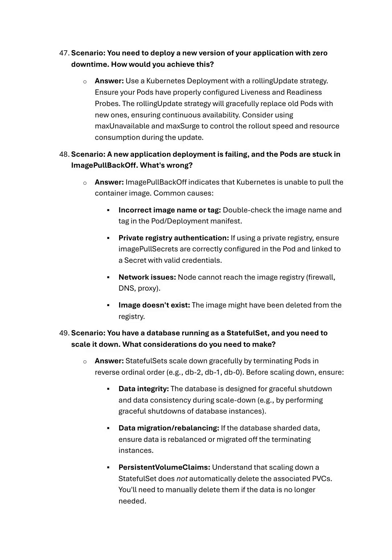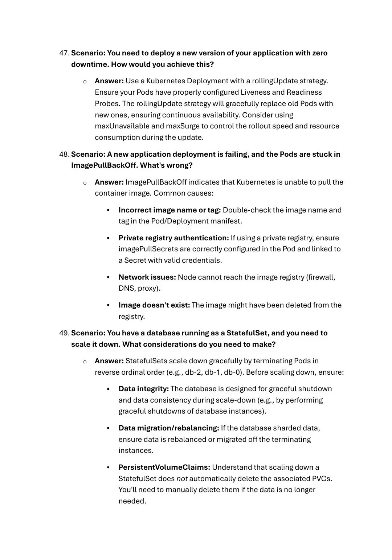48. Scenario. A new application deployment is failing, and the pods are stuck in ImagePullBackOff. What's wrong? Answer. ImagePullBackOff indicates that Kubernetes is unable to pull the container image. Common causes: incorrect image name or tag. Double-check the image name and tag in the deployment manifest.